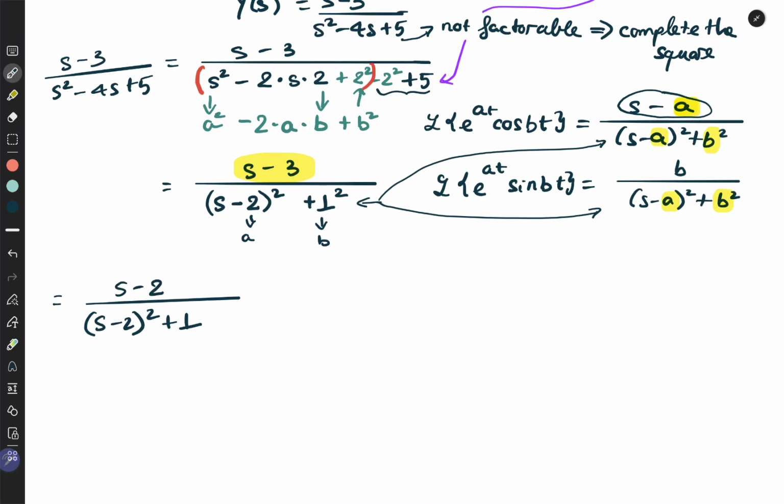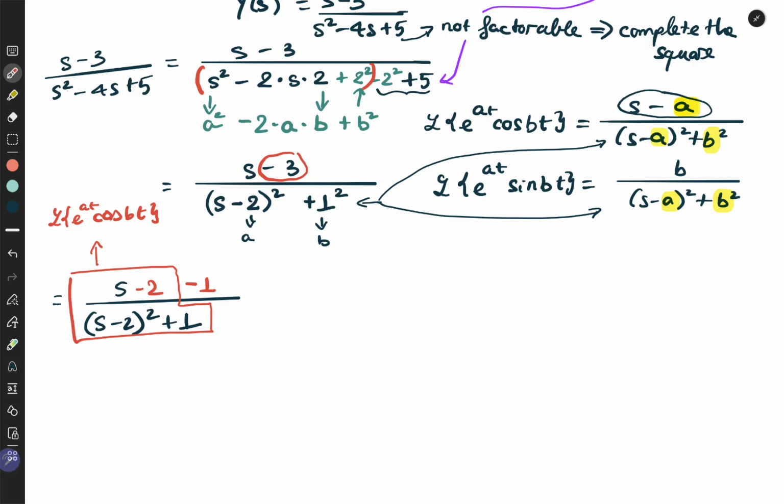This box right here is just the Laplace of e to the at cosine bt. But because we only have minus 3, right now we write down minus 2.